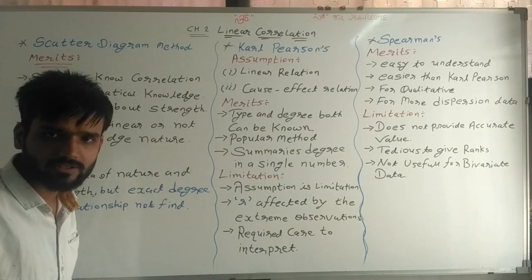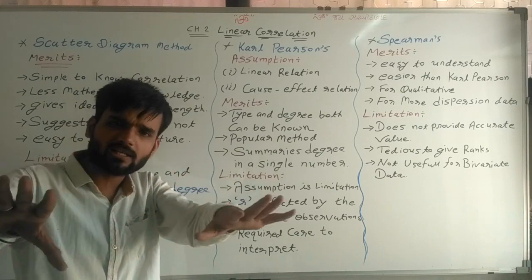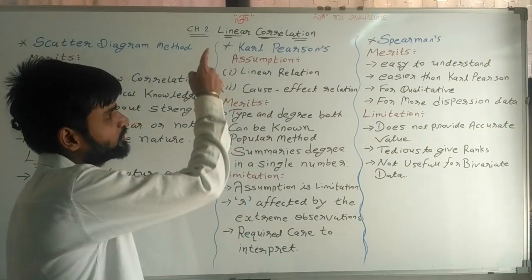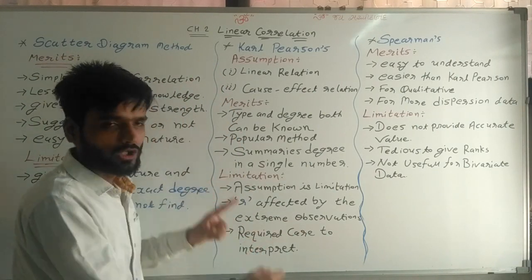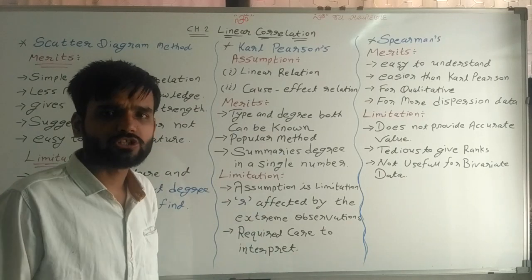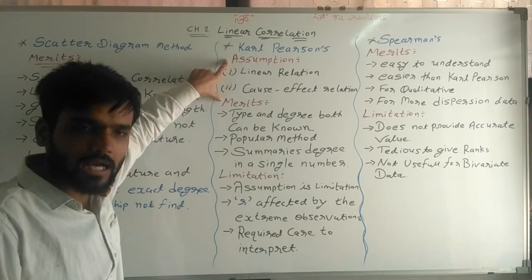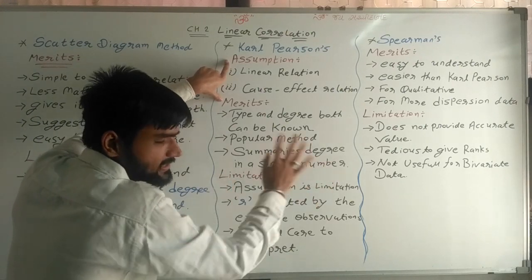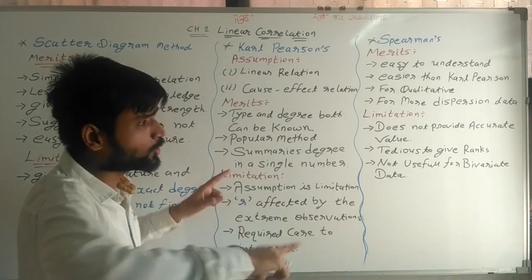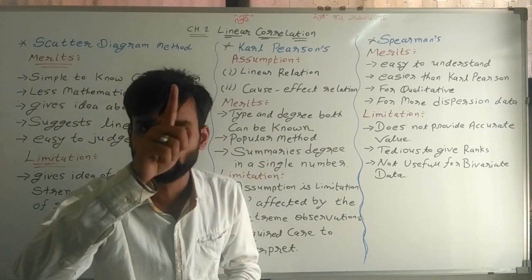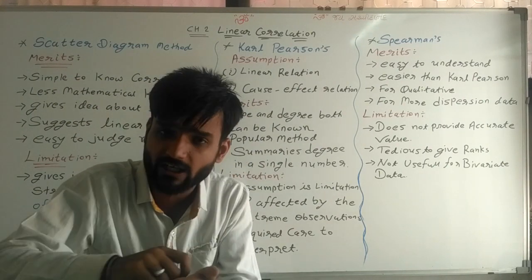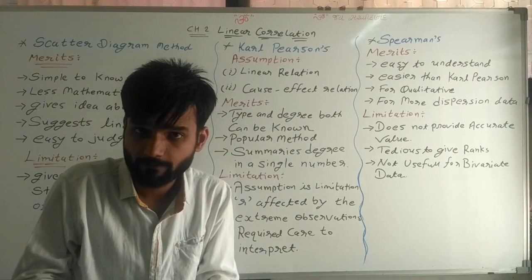Some limitations. Every person has a limitation, every method has a limitation. So this method also has limitation. Now, which is the limitation? First of all, these assumptions are the limitation. I have written here, assumption is limitation. In your textbook, all the things are given in detail. You have to write it from the textbook only.